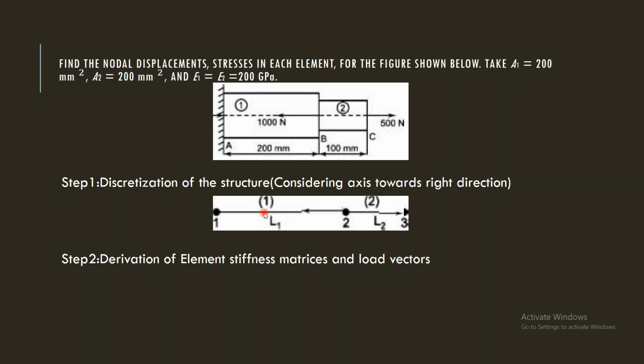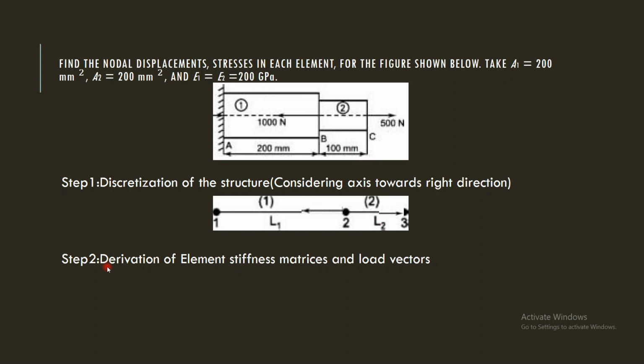Area of element 1 is 200 mm square, given in the problem. Length is also given, 200 mm. Young's modulus is also given, 200 gigapascal. Coming to element 2, it has cross sectional area 200 mm square, the length is 100 mm, and Young's modulus is also 200 gigapascal.